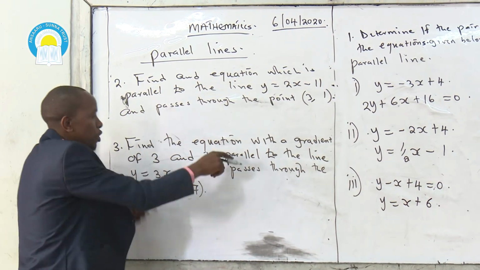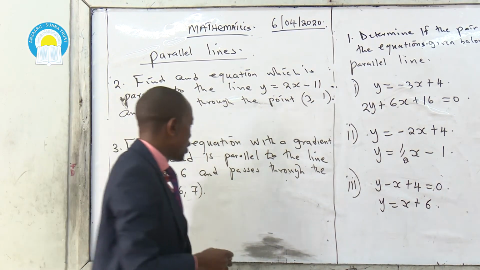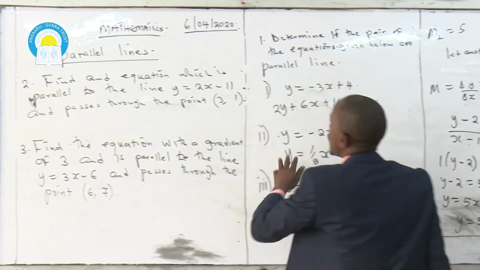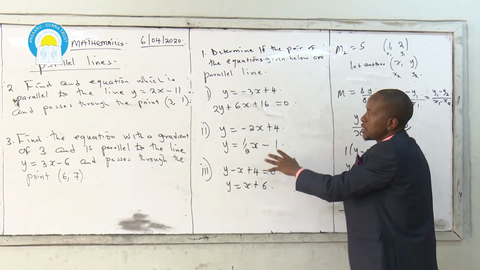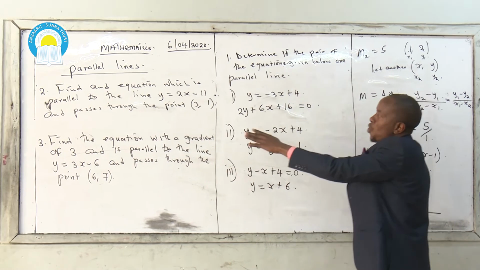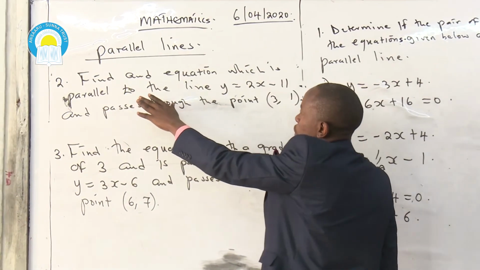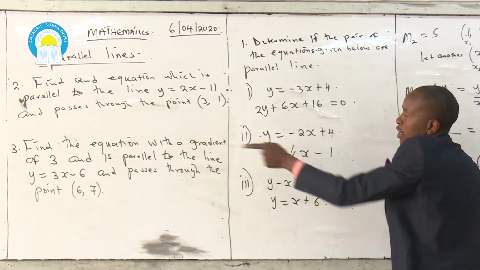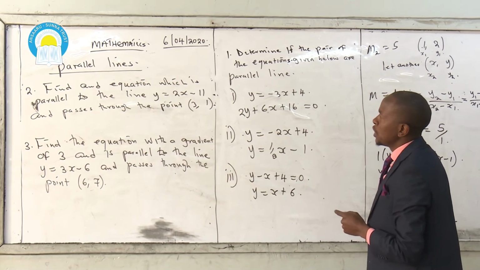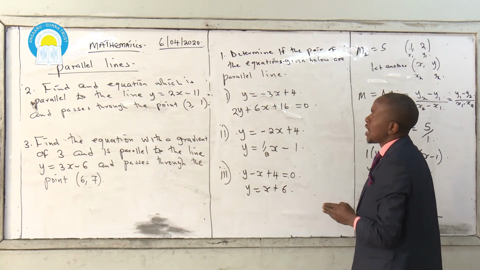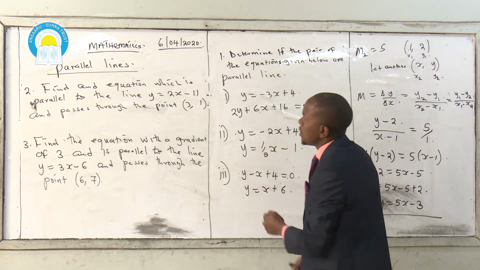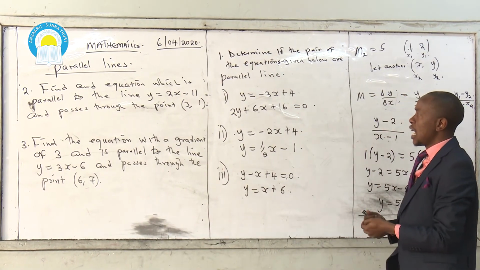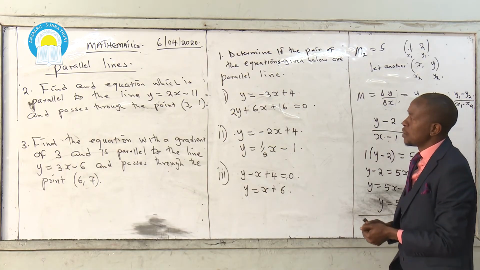what the question is asking, because I've given you the concept. Now the 3 are your assignment. We've tackled how to find an equation of a straight line which is parallel to a given line. We said parallel lines are lines that have the same gradients.